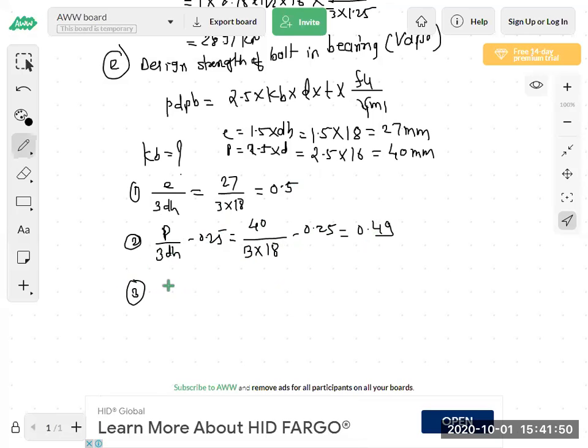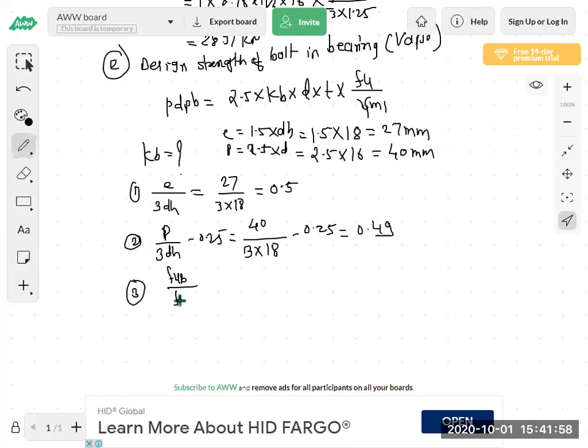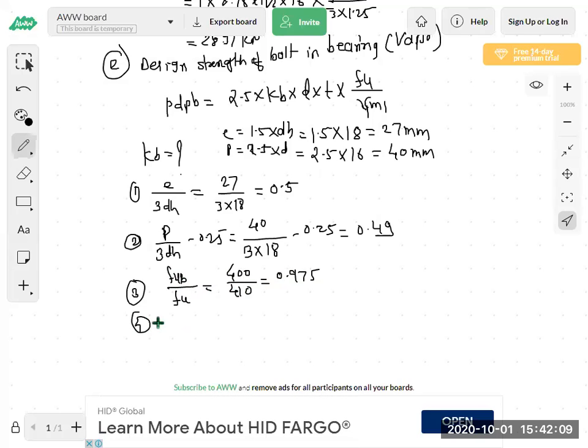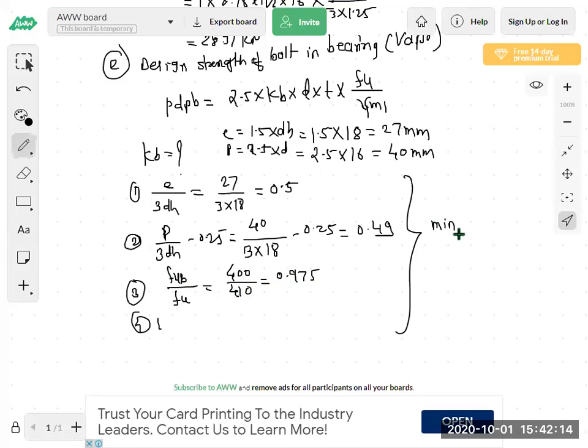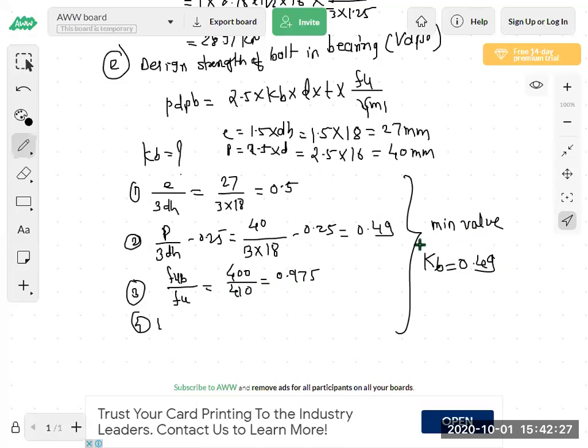Then number 3, we have to calculate fub divided by fu. It means 400 divided by 410, which is 0.975, correct? And number 4 is 1. So out of these the minimum value, so Kb is equal to how much? 0.49. Are you getting? This is 0.49.